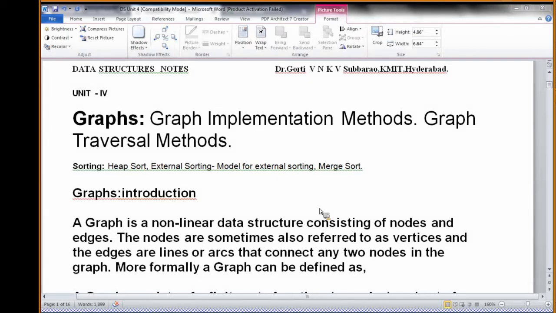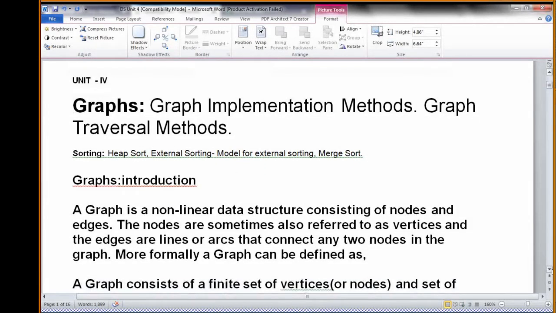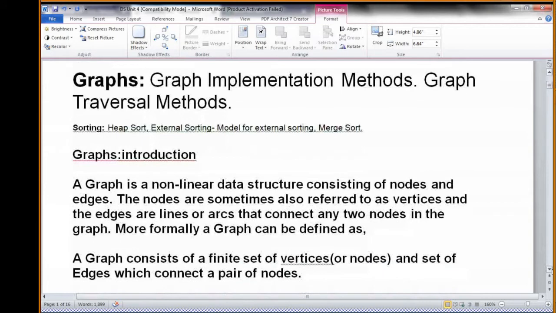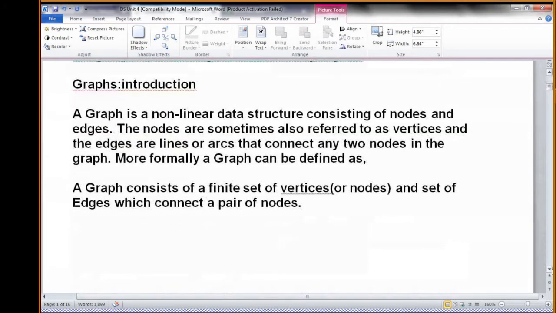In graph implementation methods and graph traversal methods, there are two concepts. To understand this, first we will see what exactly a graph is. A graph is a non-linear data structure. In data structures we have linear and non-linear.